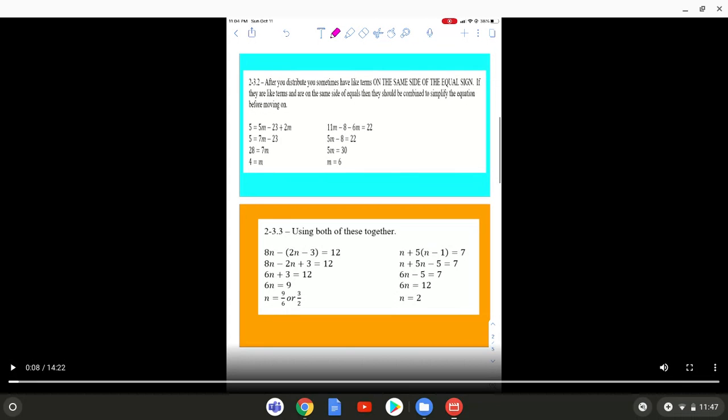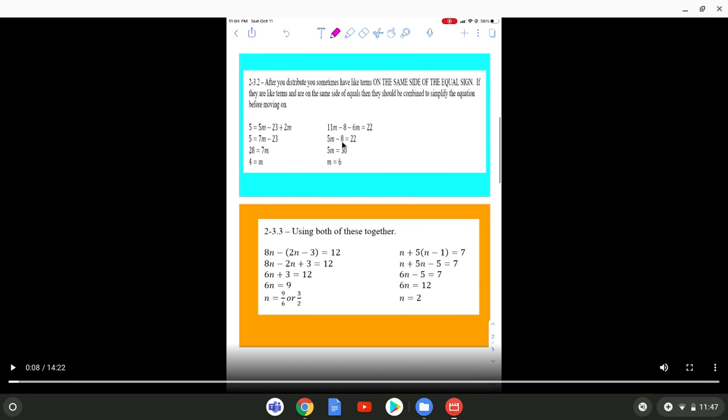So same thing on the right side, guys. I have 11m minus 8 minus 6m equals 22. So I have a positive 11m and a negative 6m. So when I combine those, I get a positive 5m. So I have 5m minus 8 equals 22.